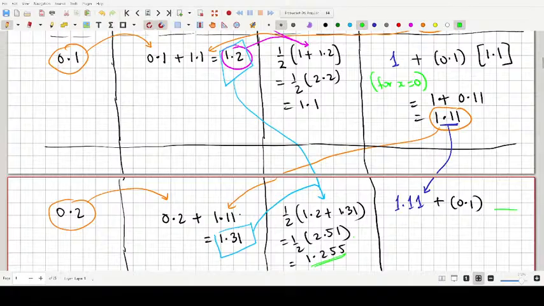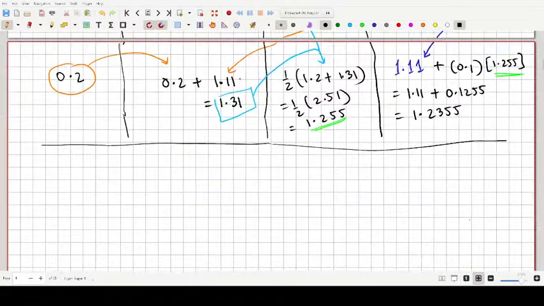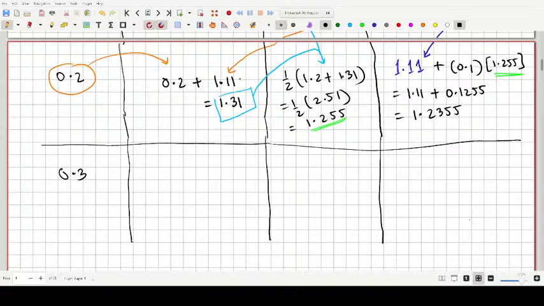So this would be written as 1.2355. Now this is our new value of y for x equal to 0.3. First of all, we'll find out the slope, then we'll find out the mean slope, and then we'll find out the new value of y.